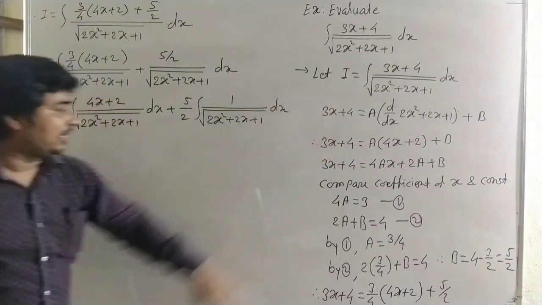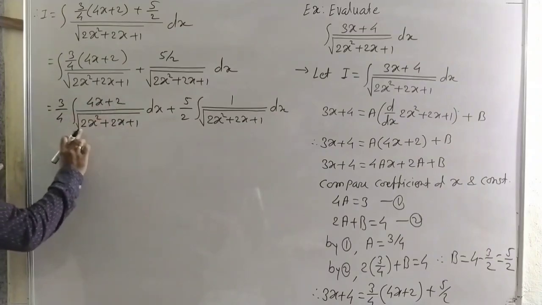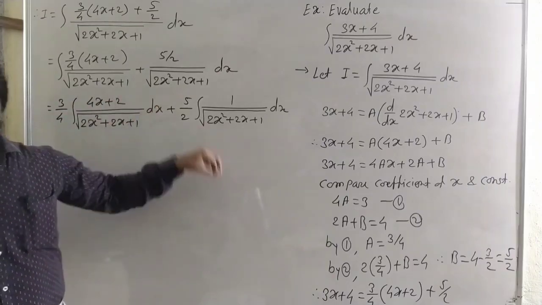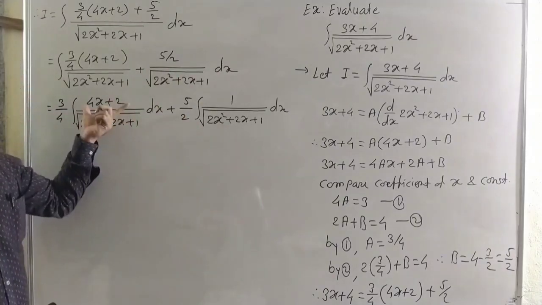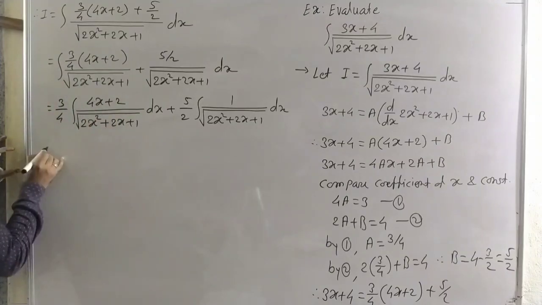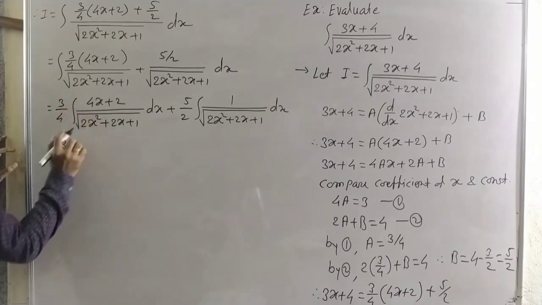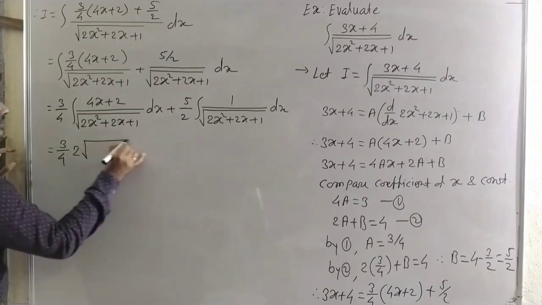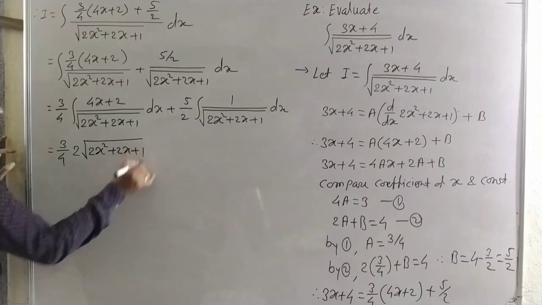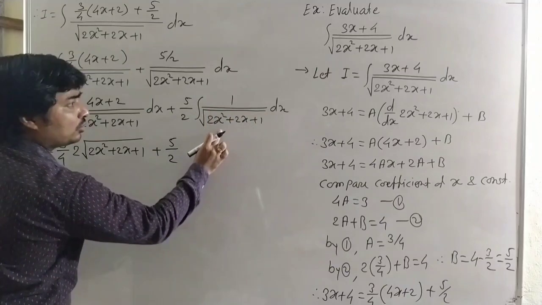But here this linear function is a derivative of the quadratic function. This is a quadratic function and it is the derivative of that quadratic function. We can adjust the derivative of the quadratic function in the numerator. Now it is f dash of x upon under root f of x. So here we can write directly 3/4, and we know that f dash of x upon under root f of x gives 2 under root f of x, that is 2x square plus 2x plus 1, plus 5/2 as it is, 1 upon under root quadratic function.